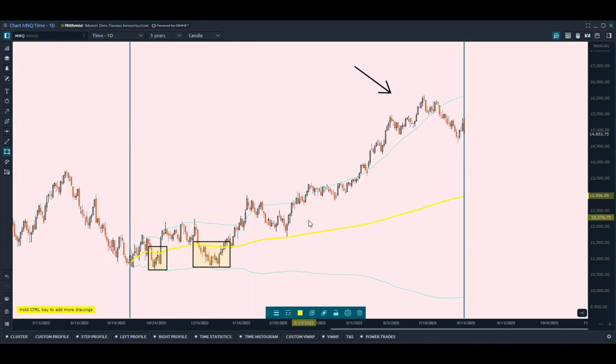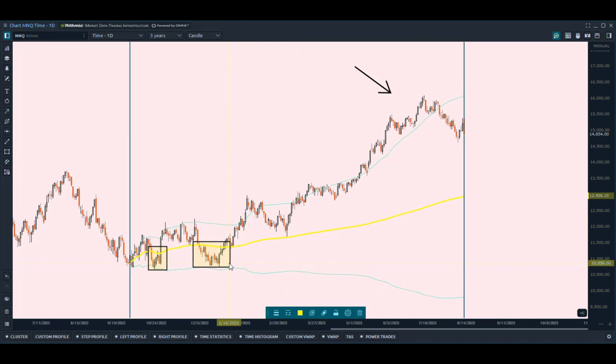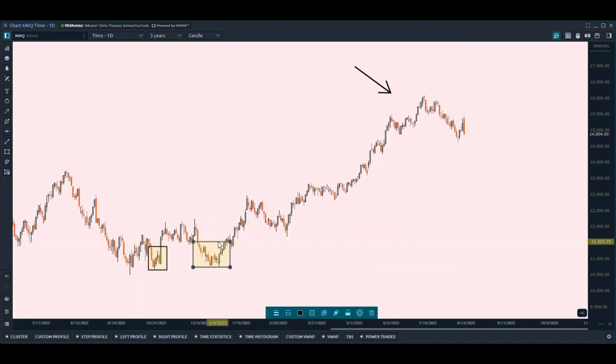Now, when we pulled back in March, we did bounce right above it. But for me, I really like to use VWAPs that are respecting price action a lot better. So what I'll do is go from the very bottom and go to different pivots.